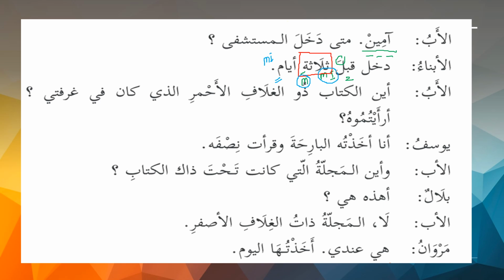The middle noun will have only a single kasra because it is playing two roles. It cannot have a tanween, only a single harakat, and that should always be a kasra because it is a mudaf ilayhi to qabla, and it is also playing the role of mudaf for ayyam. So it is a triple construction.